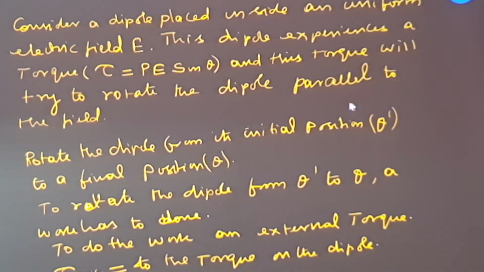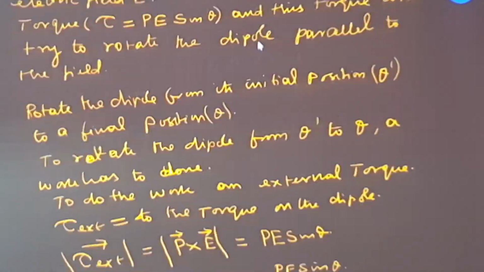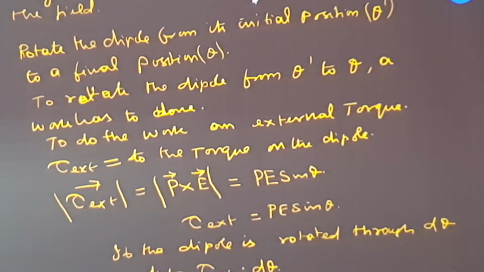Now, what is our task? In order to get the potential energy of the system, we have to rotate the dipole from one position to another position. I am considering the initial angular position as theta dash, and the final angular position as theta.